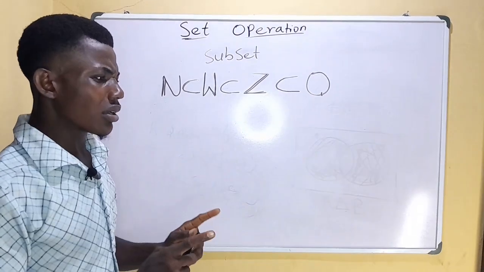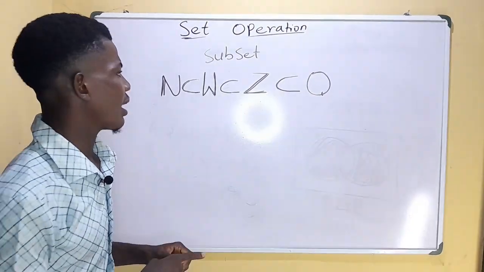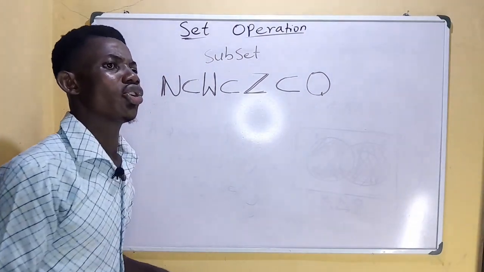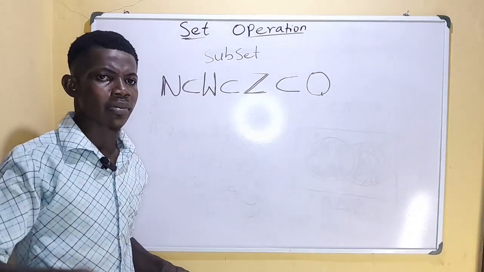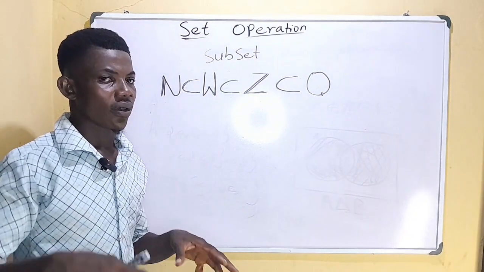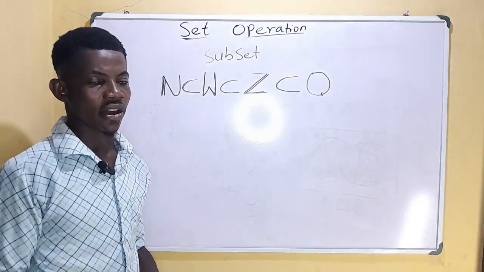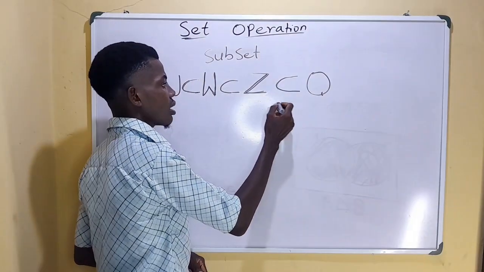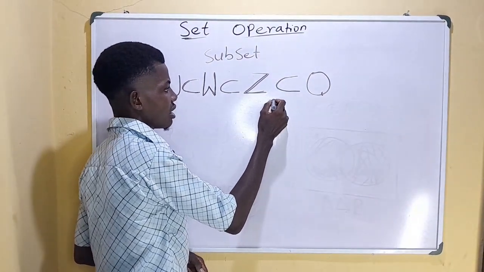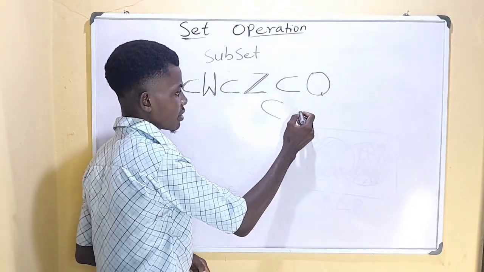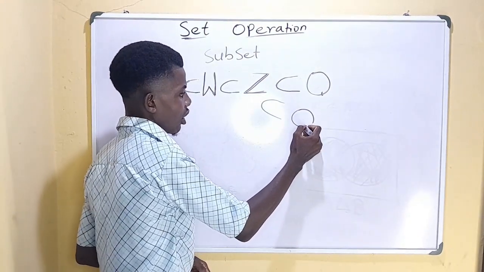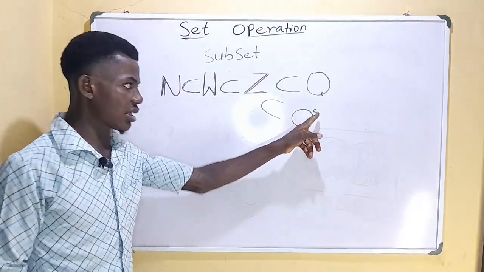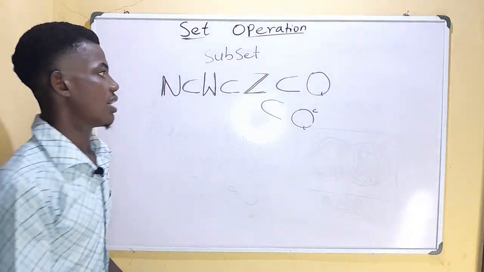And also remember that integers are a subset of real numbers. We can say integers are also a subset of irrational numbers. We can do it like this, irrational numbers.